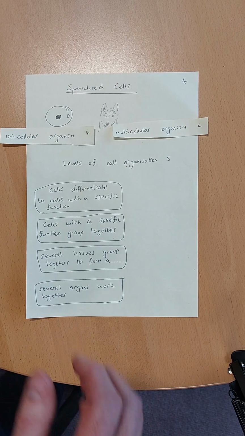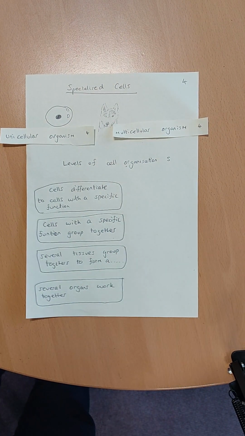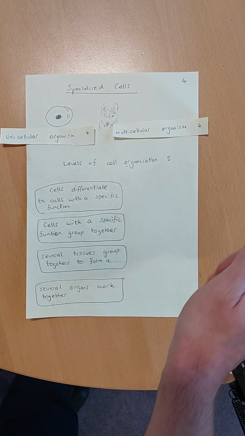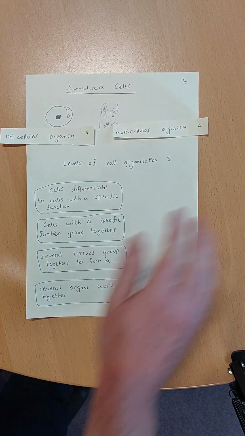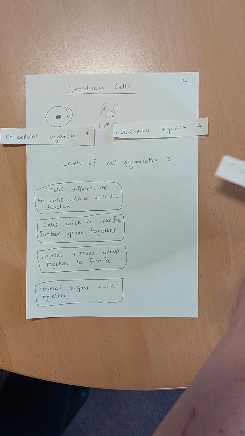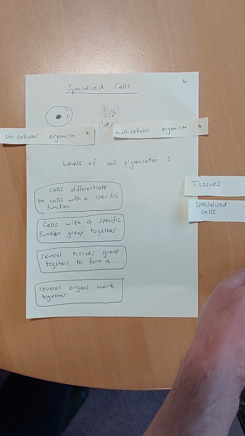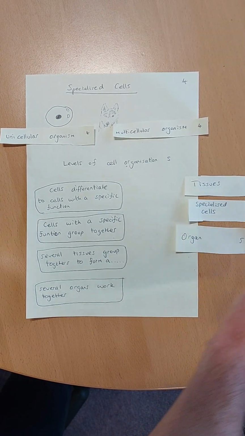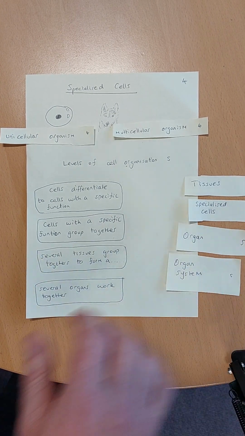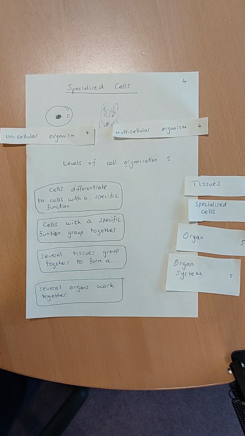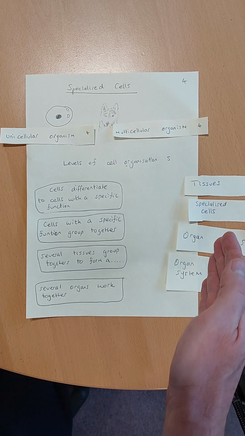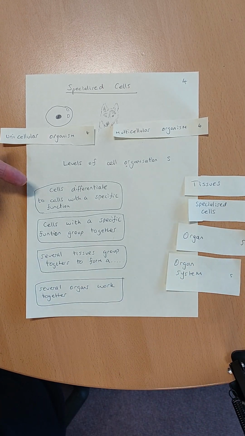Okay, so now we've got that distinction. There are different levels of cell organization. So there's some descriptions here, and I'm going to put some key words here to go with them. What I'd like you to do is just pause the video and see which of the key words link to these.